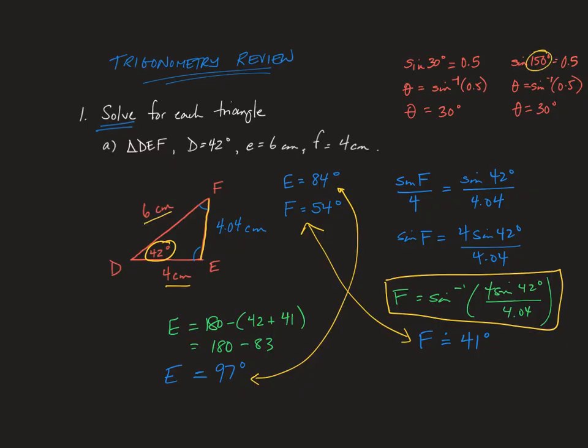My original angle was 150 degrees, but my calculator is telling me that the angle was 30. My calculator is designed with a set of rules. It's programmed to follow certain rules. And what those rules are is whenever I take the inverse sine of some value, if my calculator can give me an acute angle, an angle less than 90 degrees, then that's what it spits out as an answer.